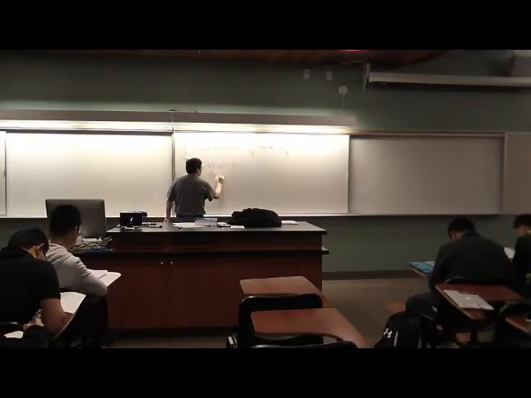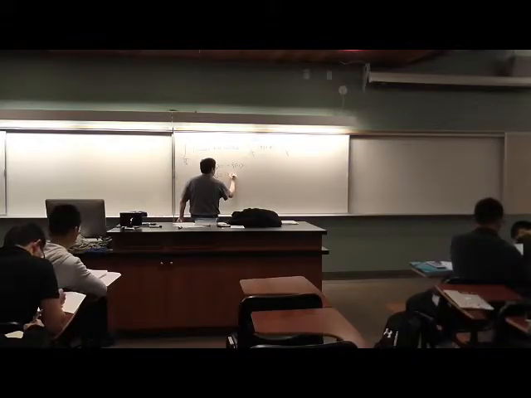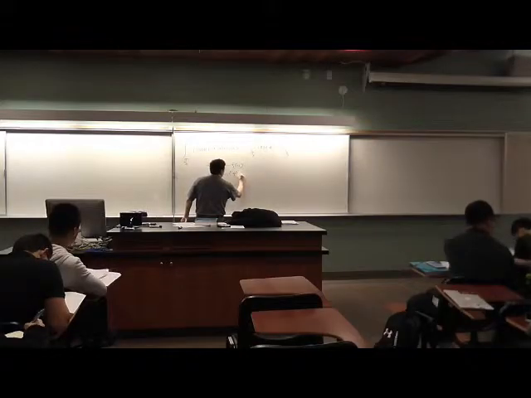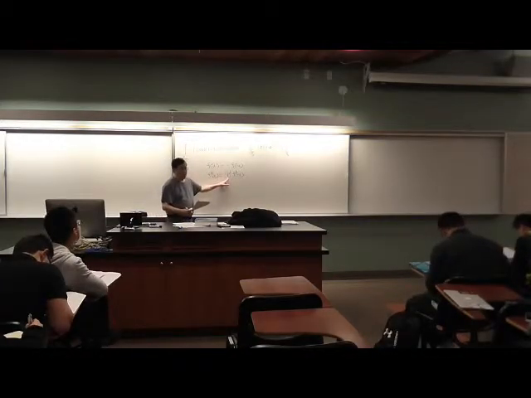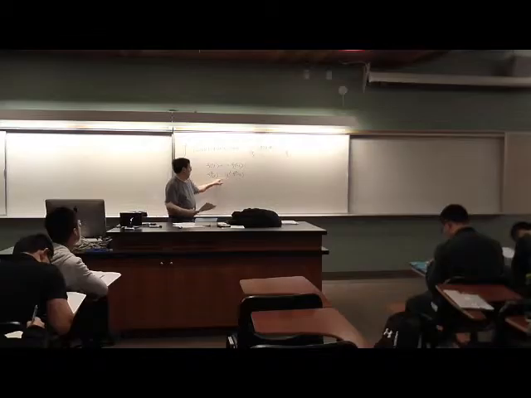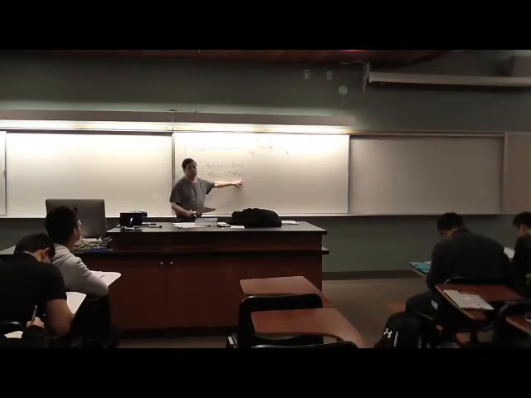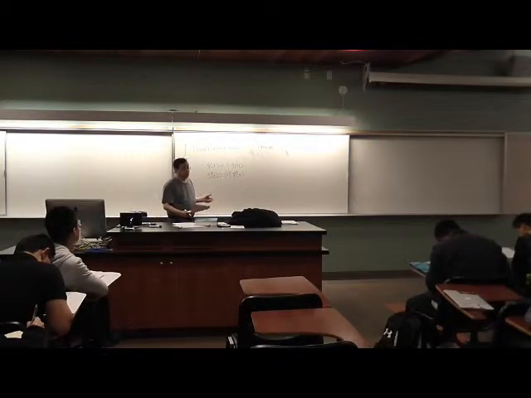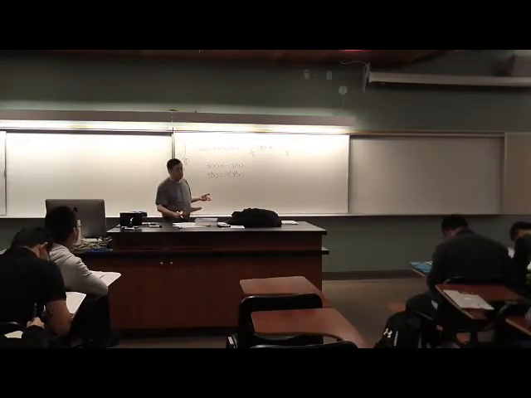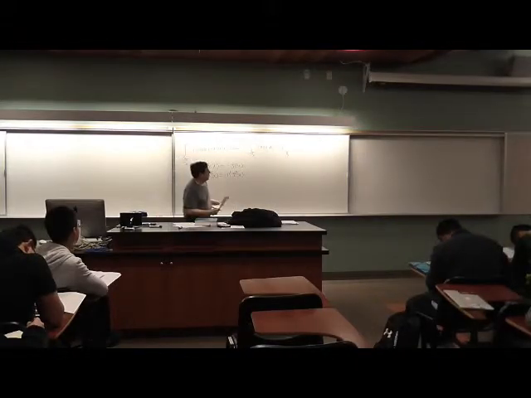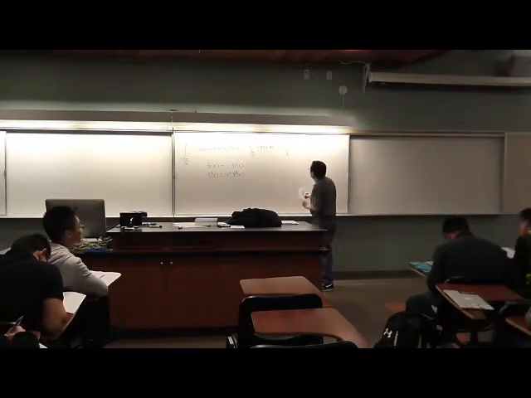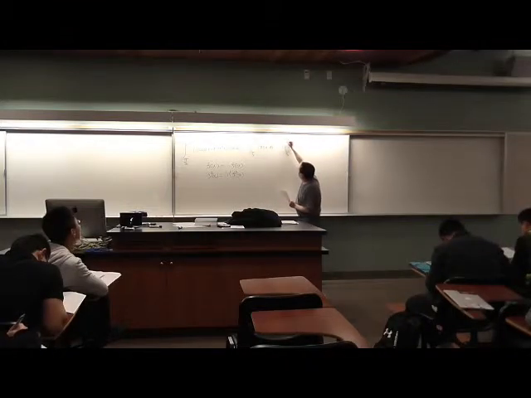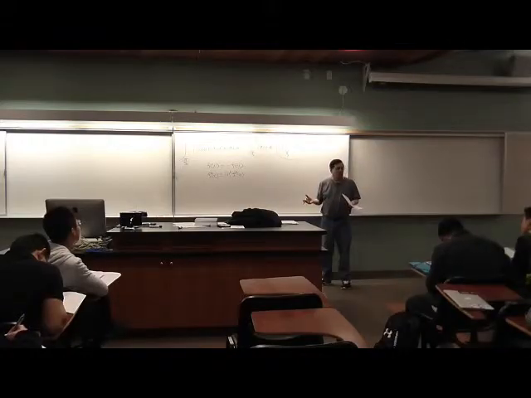F cubed of x equals -1 cubed f cubed of negative x. So this is, of course, -1. So f cubed of x is also an odd function. If I just squared it, it would be an even function. So what happens when I symmetrically integrate an odd function? What is it? Zero. Right.